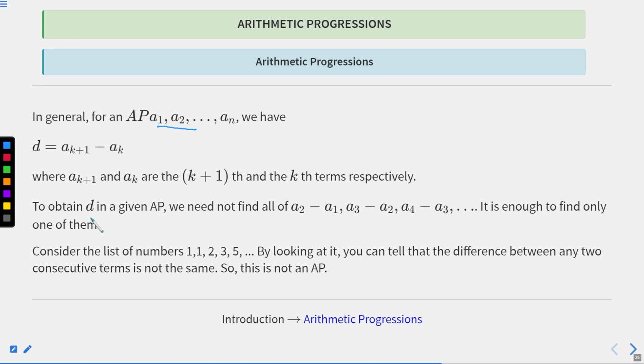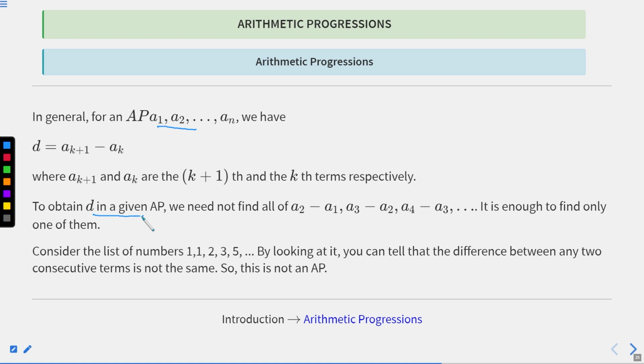So to obtain D in a given AP, we need to find one of A2 minus A1, A3 minus A2, A4 minus A3, and so on. It is very lengthy to find all of these differences. So note it down: it is enough to find only one of them, since they are all equal.